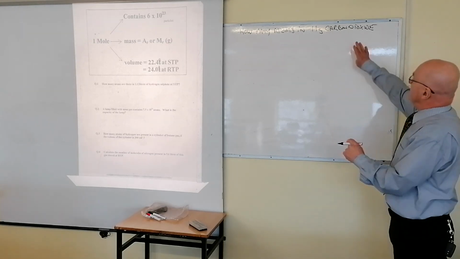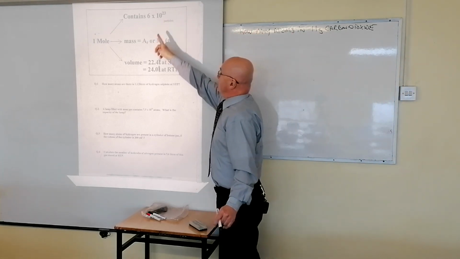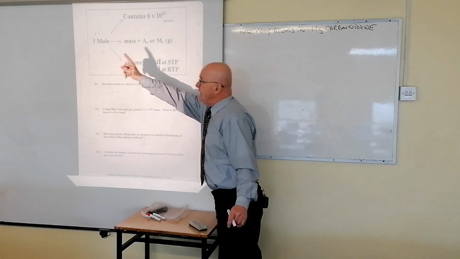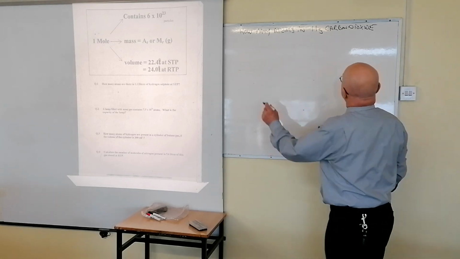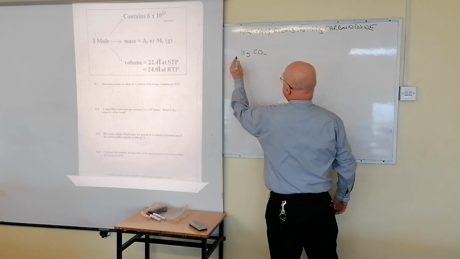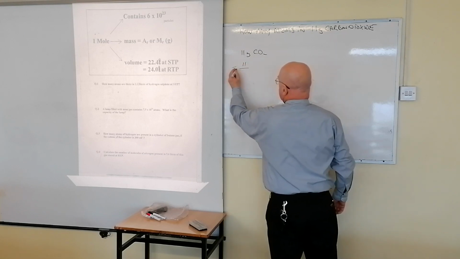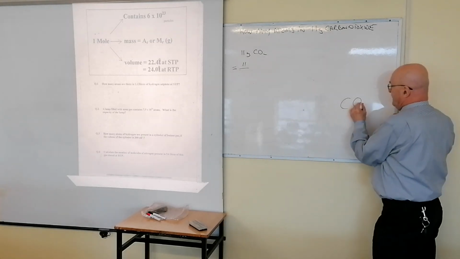How many atoms in 11 grams of carbon dioxide? Right? And so you're given grams and you're looking for particles. You need to convert the grams to moles, so you divide, and you convert the moles to particles by multiplying, okay? Very important. So 11 grams of carbon dioxide equals 11 divided by the molar mass of carbon dioxide.